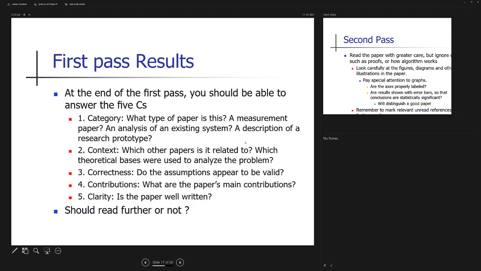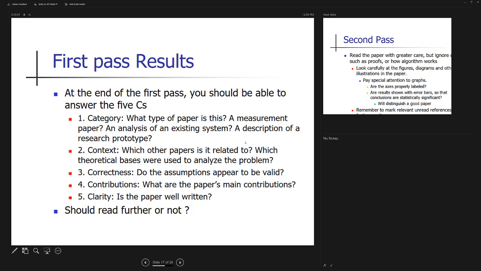Or did he implement all that? What is the category of the paper? Measurement paper, analysis of existing system, description of research prototype, survey, whatsoever. Definitely, if you read the introduction and all the headings, you will come to know the category of the paper.